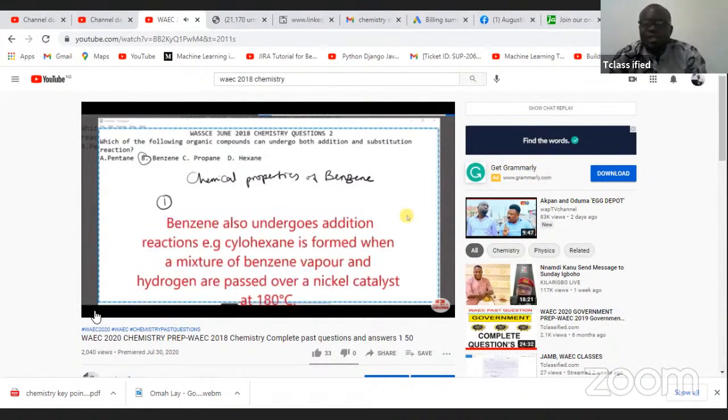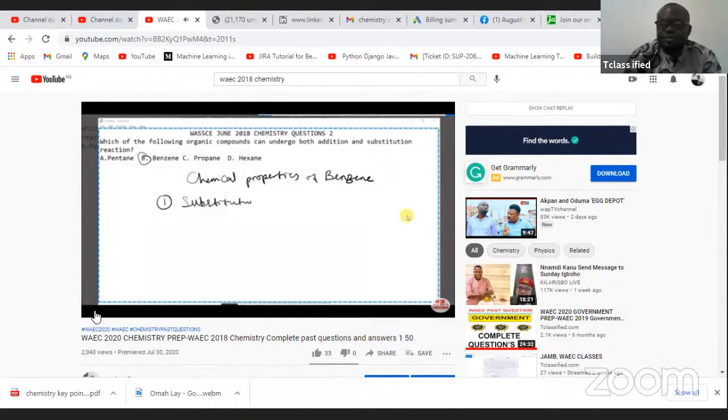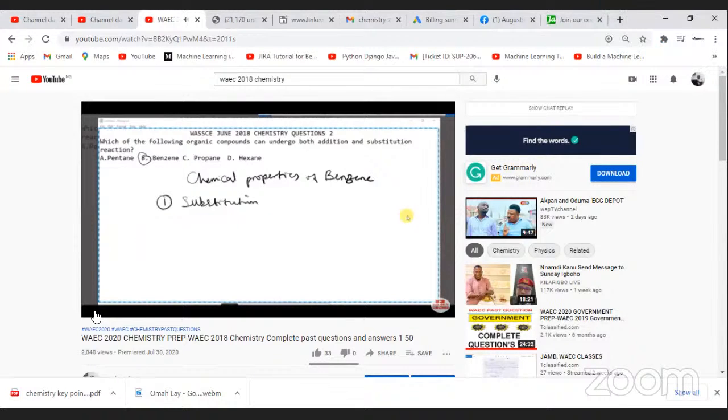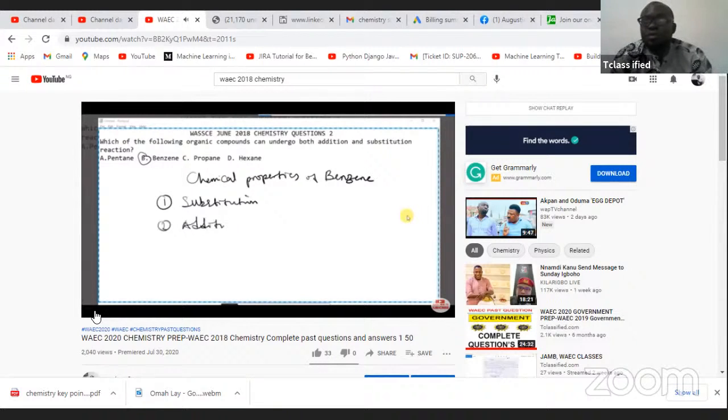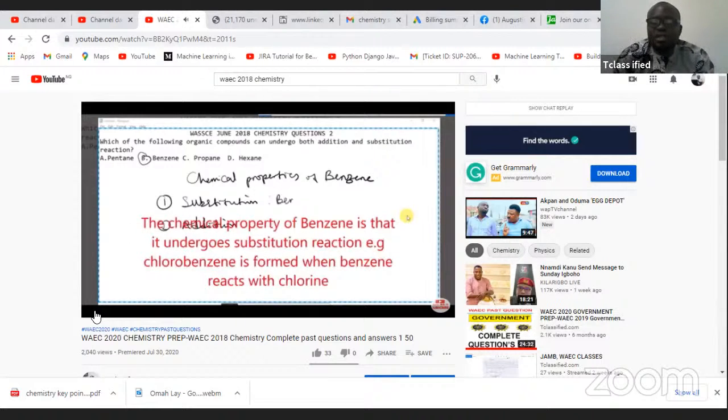So with this, you see that you really need to read up organic chemistry. Can you see that? Yes, sir. So once we cover the basics in chemistry, the one we are doing, we're going to go to organic chemistry and look at organic chemistry very well. You're going to mostly see theoretical questions from organic chemistry.